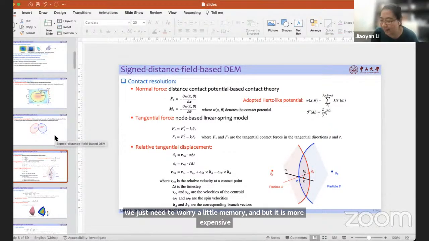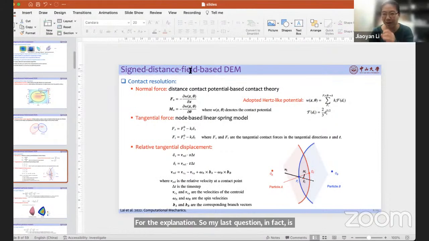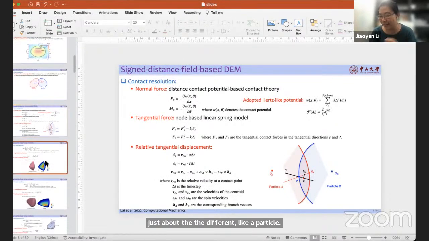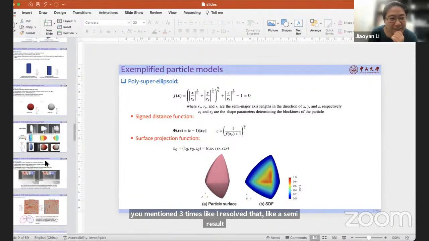I see. Yeah, thank you very much for that further explanation. So my last question, in fact, is about the different types of particles. You mentioned three types: unresolved, semi-resolved, and resolved particles, right?